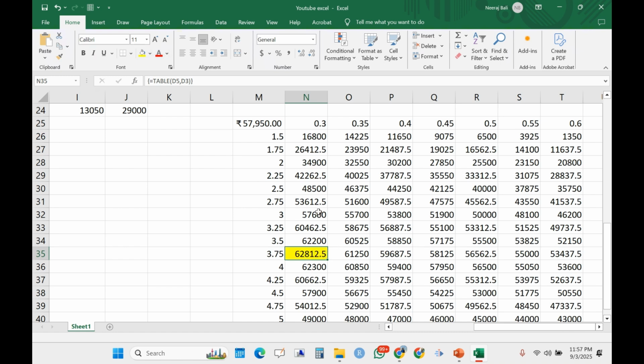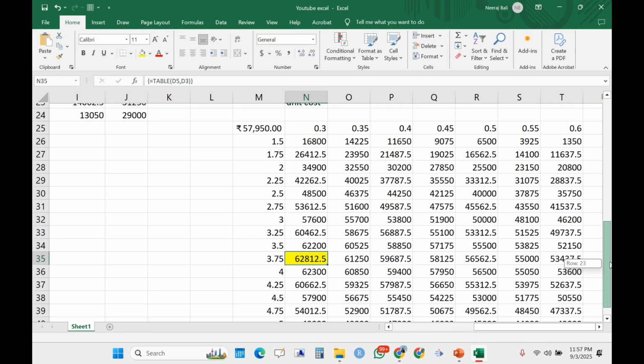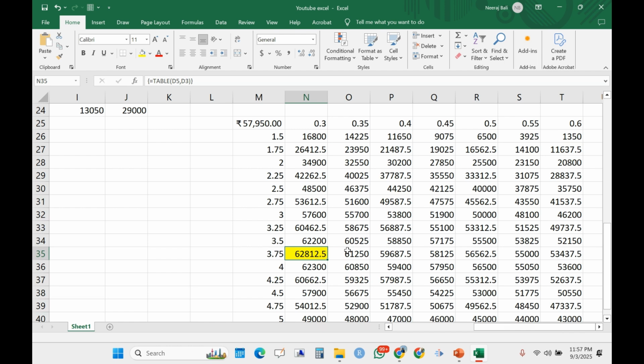I'm just seeing it visually because the data is less. Can you see that? At 3.75, it is highest. Again, this is highest, this is highest, this is highest. Yes.